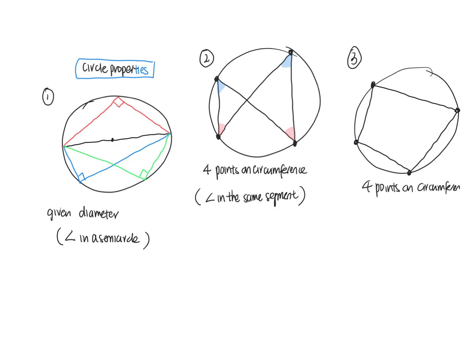So when you have all 4 points on the circumference, then the 2 opposite angles always add up to 180 degrees. These 2 also add up to 180. So this is called angles in opposite segment.